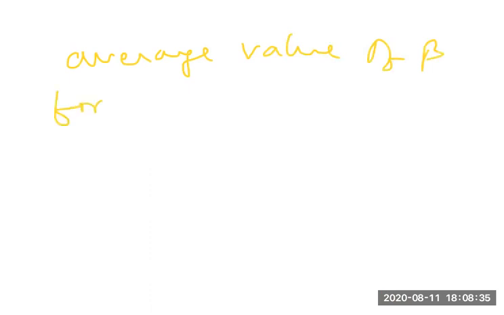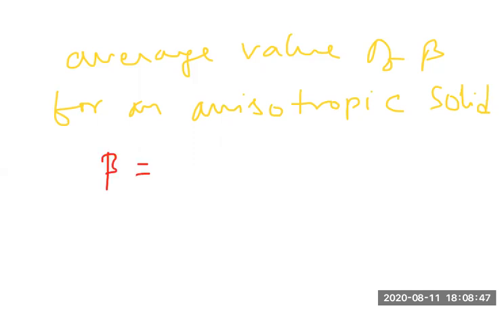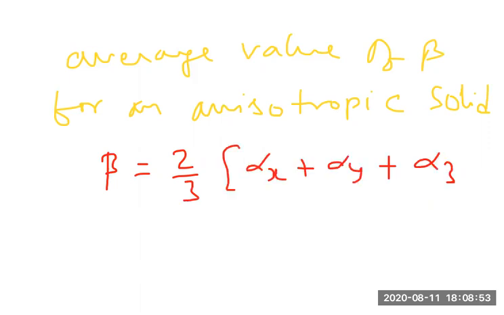What is the average value of beta for an anisotropic solid? I can write beta is equal to 2 by 3 times alpha x plus alpha y plus alpha z. Why 2 by 3? From where did you get it?